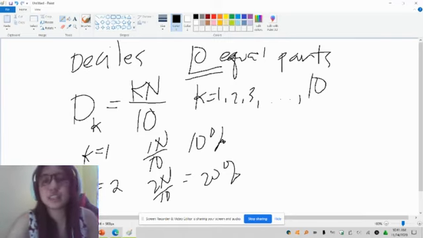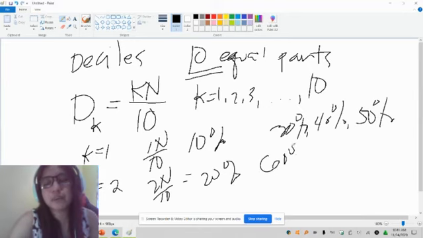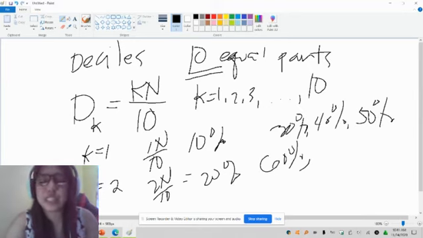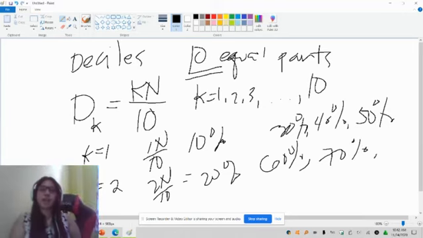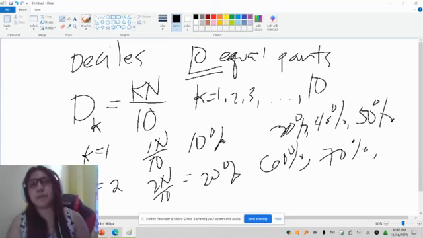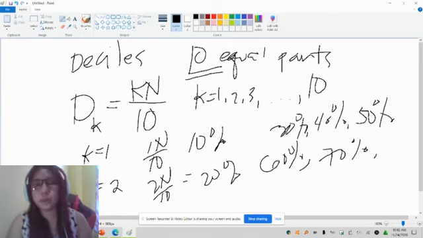For 3, it is the 30%, the 40% for 4, 50% for 5, 60% for k equal to 6, 70% for k equal to 7, 80% for k equal to 8, and 90% for k equal to 9. And of course, if k is equal to 10, then we are talking about the 100% of the distribution.